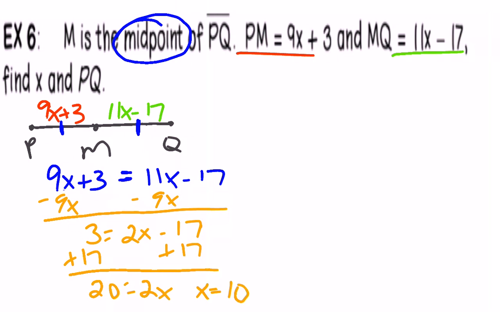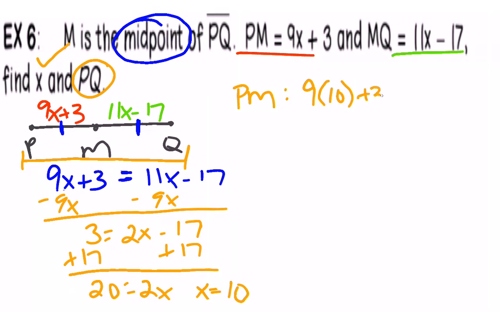Reread the question. It said to find x, which we've done, and find PQ. So PQ is that whole distance. I'm going to use the same strategy I did a couple problems ago, where I find just PM and then double that. So PM is 9 times x, which is 10, plus 3.